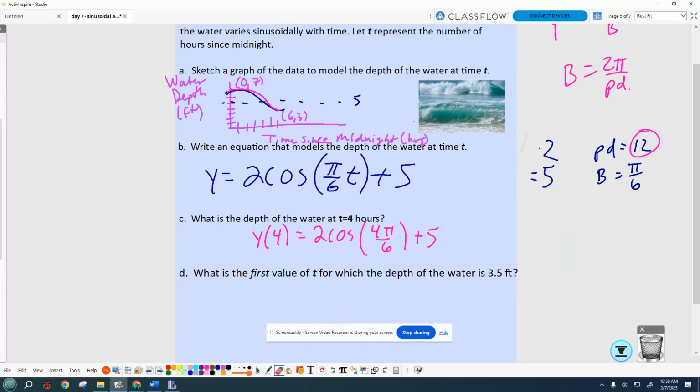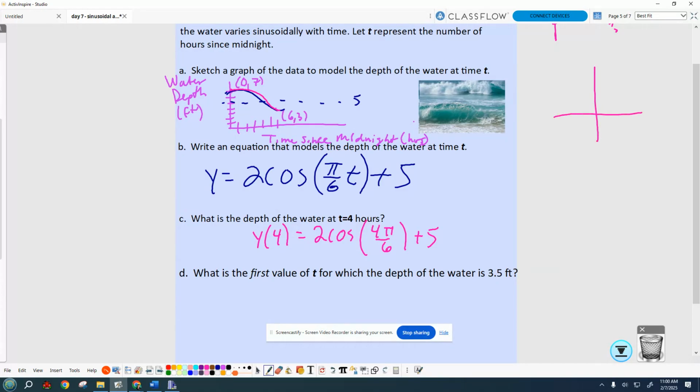All right. I do want you guys to remember the unit circle. 4 pi over 6 reduces to what, Isla? 2 pi over 3. Is that on the unit circle? Oh, yeah. Danny, 2 pi over 3 takes me to what quadrant? Second. 2 pi over 3 takes me to the second quadrant.